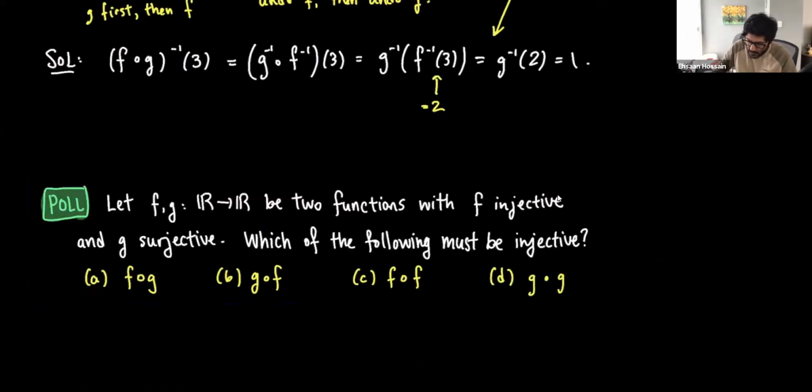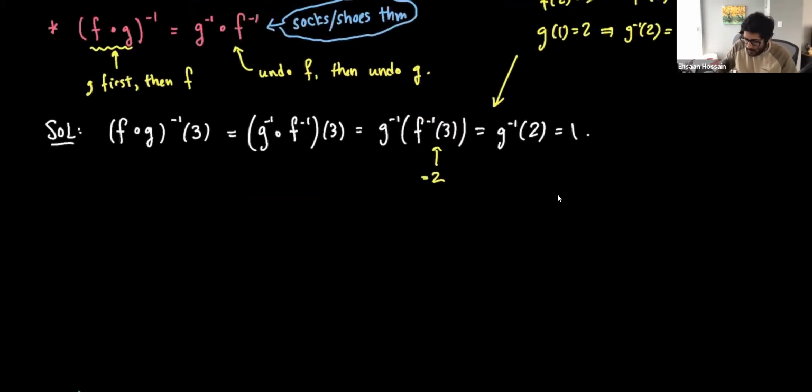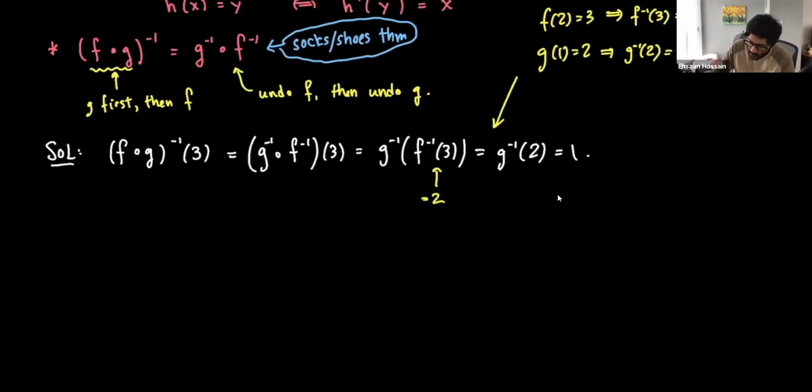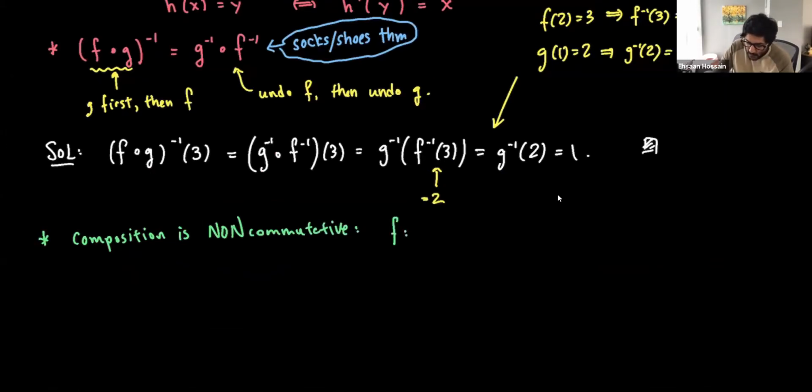So here, let me move this away and let's talk about what Tamsil just said. You have to be very careful. Let's make a little remark here that composition is not commutative. You can have an example of two functions f and g from R to R. The reason I make them from R to R is they have to have the same domain and codomain if I'm going to compose them each way.